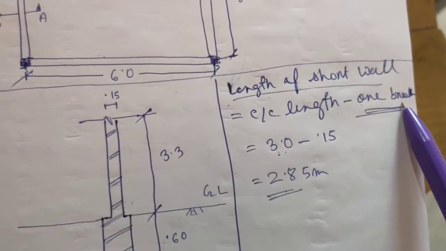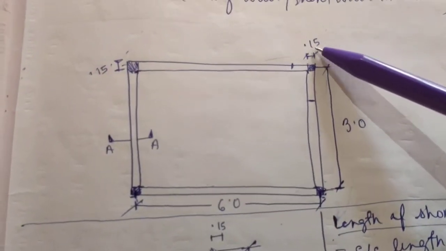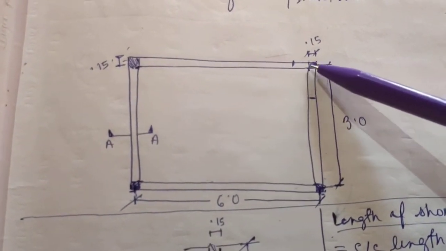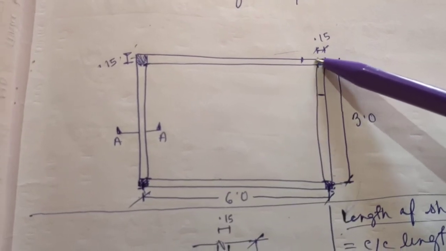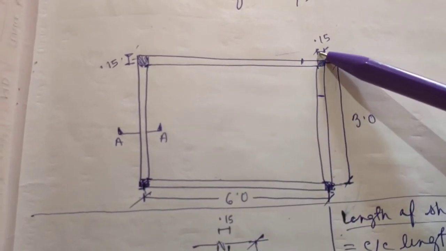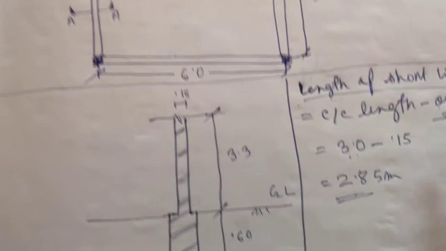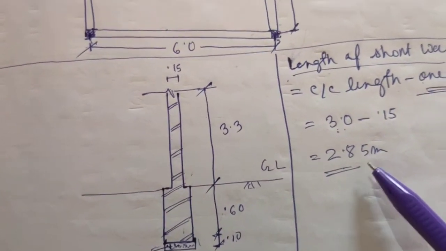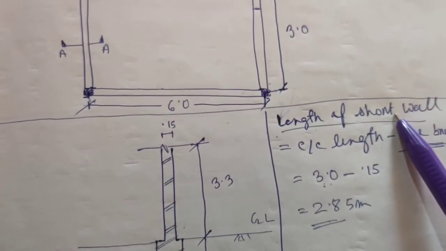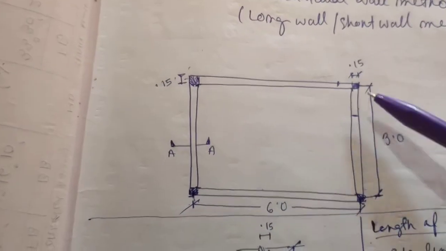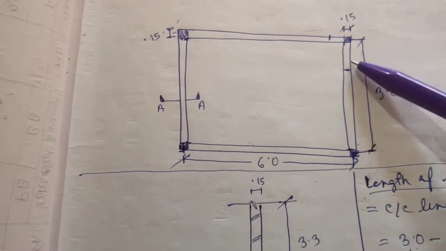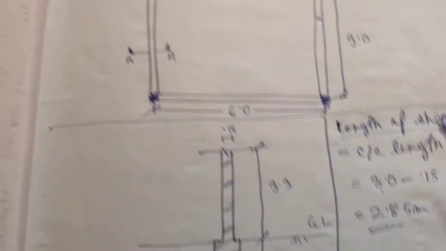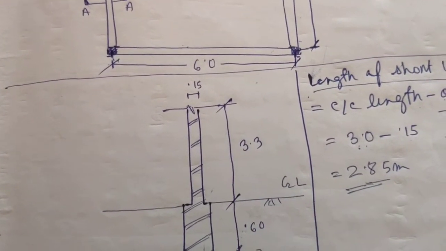So 3 meter minus one breadth, which means the breadth of the short wall. The breadth of the superstructure wall in this case is 0.15 meter. So 3 minus 0.15 is equal to 2.85, which is the length of the short wall for the superstructure wall. If we need to calculate brickwork in superstructure, then we will take this length.